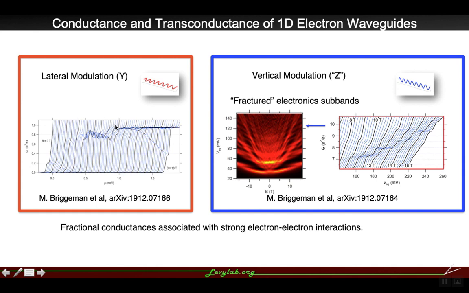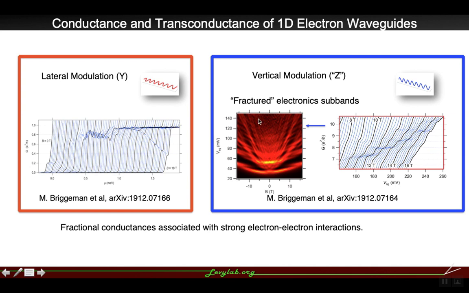In lateral modulation, you can see there is one e squared over h of conductance plateaus that is the same as in the straight waveguide, but it shows new plateaus that are dropping while the magnetic field increases from 0 to 18 Tesla.